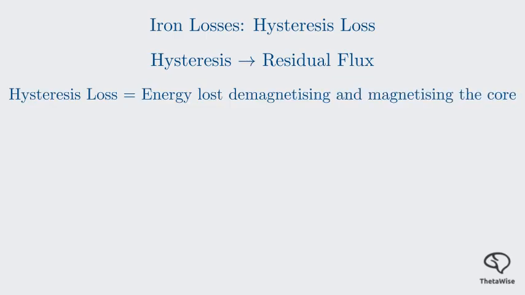Hysteresis loss is simply this energy that is wasted or lost as heat in the core material as it is repeatedly magnetized and demagnetized. To limit this loss, manufacturers use special core materials. For example, silicon steel is commonly used because it retains very little magnetism and requires less energy to reverse its magnetic state.